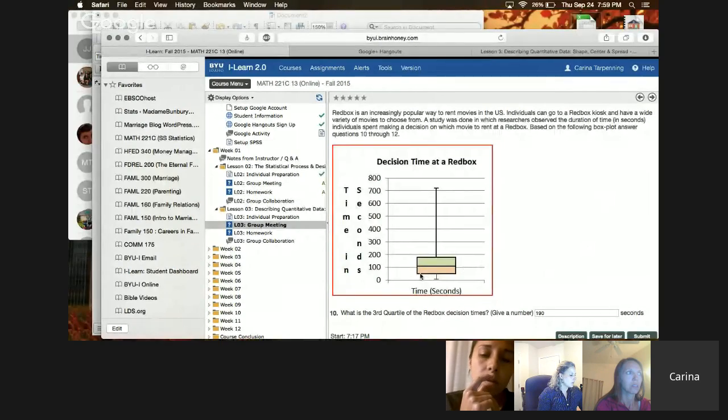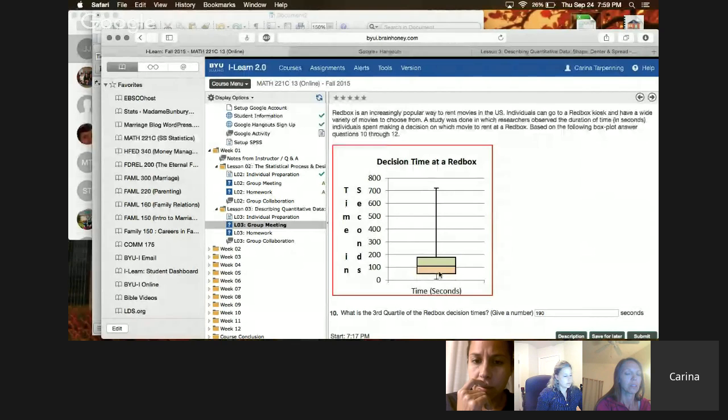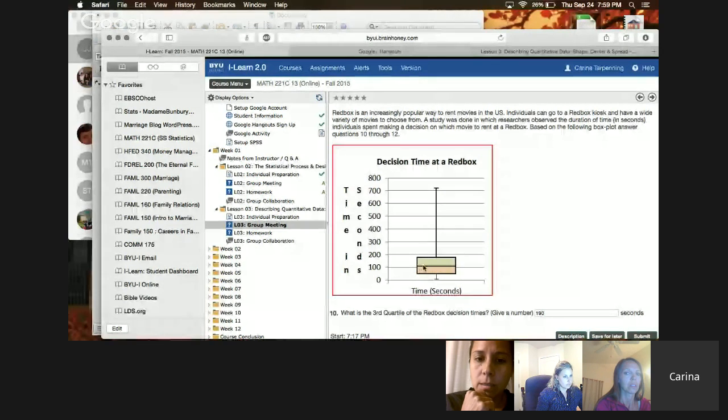This second quartile is 50, isn't it? So this one right here, this very bottom part of the orange box, this is the first quartile. This one is the median or the second quartile. And this one is the third quartile.